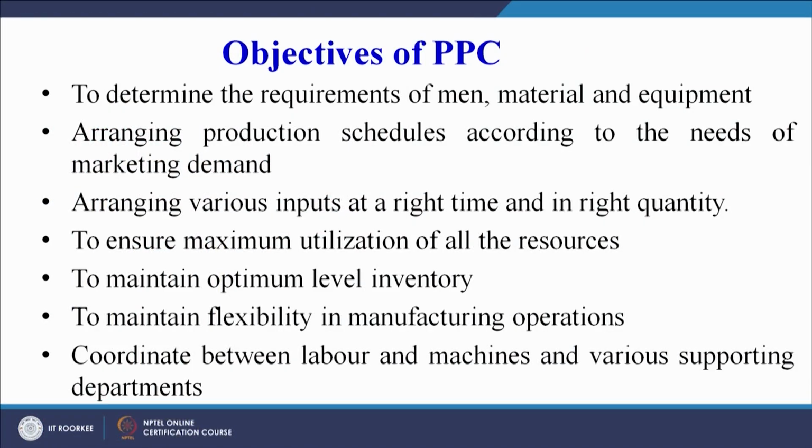Arranging various inputs at the right time and in the right quantity to ensure maximum utilization of all the resources, to maintain an optimum level of inventory, which is related to materials management, to maintain flexibility in manufacturing operations, and to coordinate between labor, machines and various supporting departments.